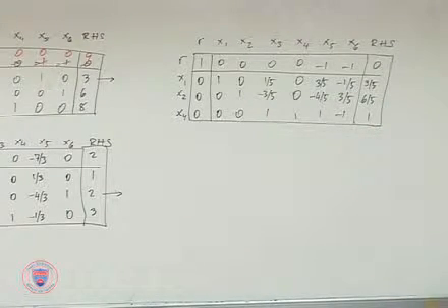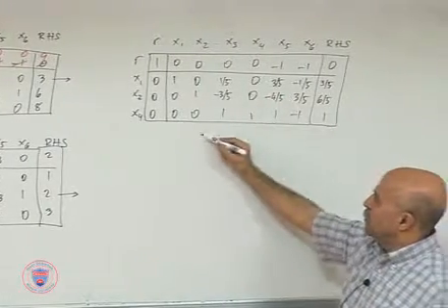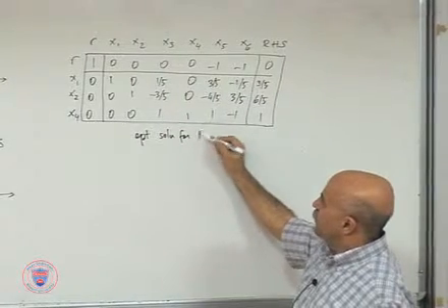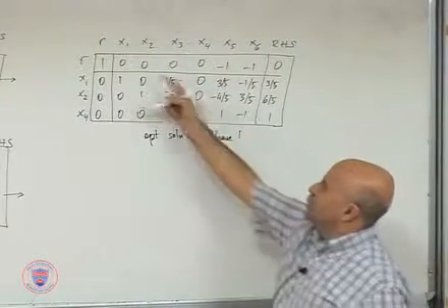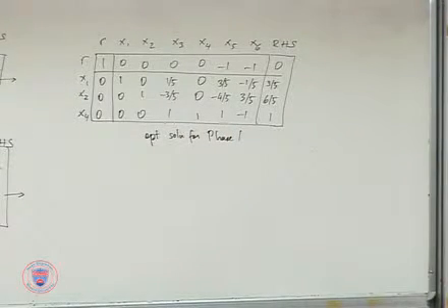That's the new solution for the phase 1 problem. At this point, optimum is already reached. Optimum solution for phase 1, because all reduced costs are less than or equal to 0 for a minimization.